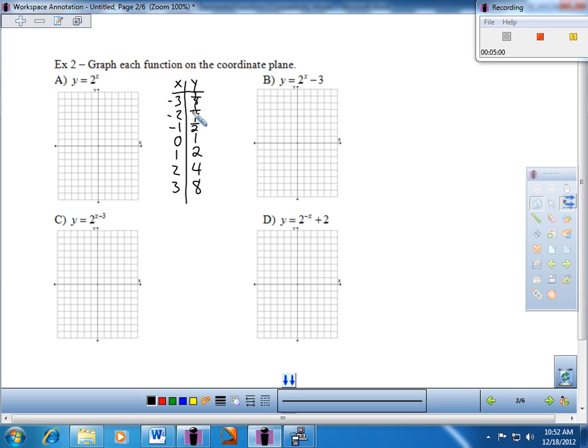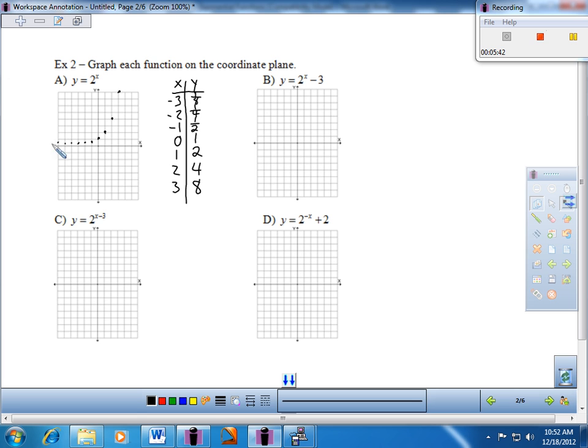Anyway, let's plot some points here. Let's get going with this. So I see (0, 1), (1, 2), (2, 4), (3, 8). Looks like it's up here, and then (-1, 1/2). Just as best as you can, especially on these. Basically, you would see the further we go into the negatives, the closer those values would be getting to 0.